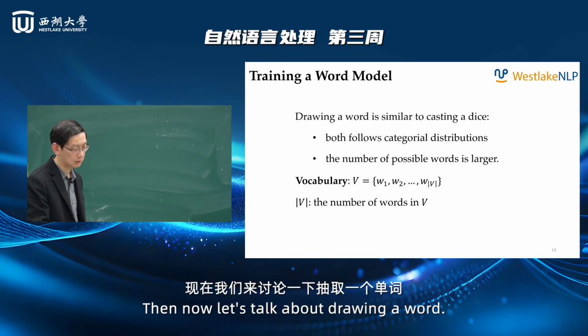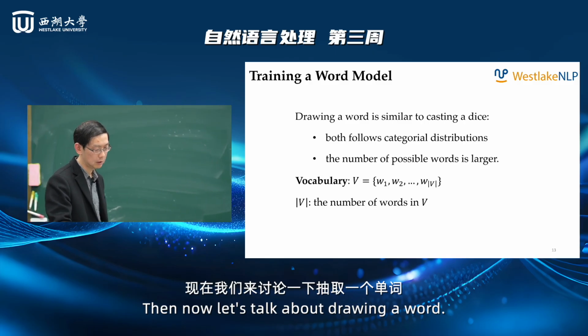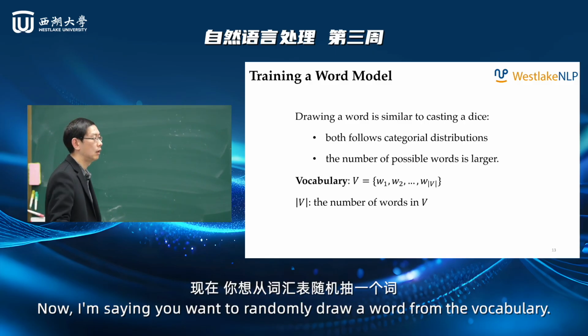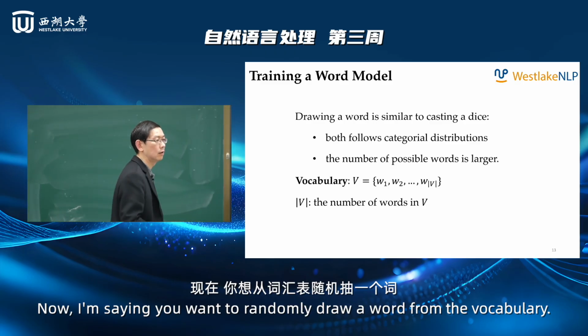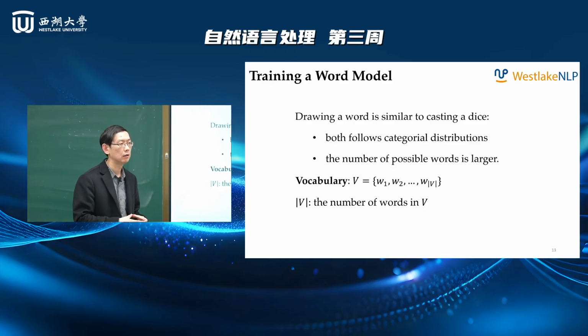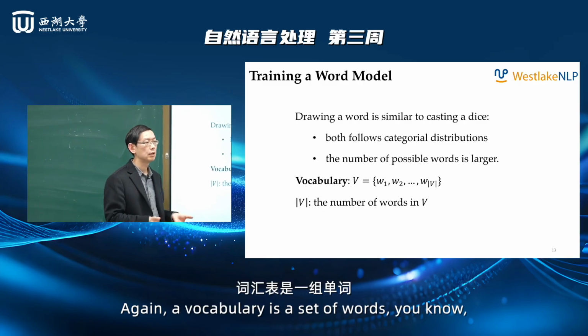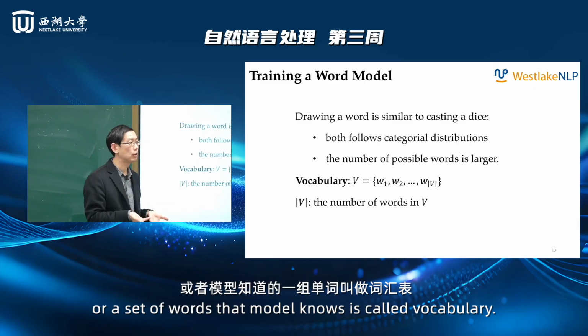Now, let's talk about drawing a word. Say you want to randomly draw a word from the vocabulary. Again, a vocabulary is a set of words you know, or a set of words that the model knows.